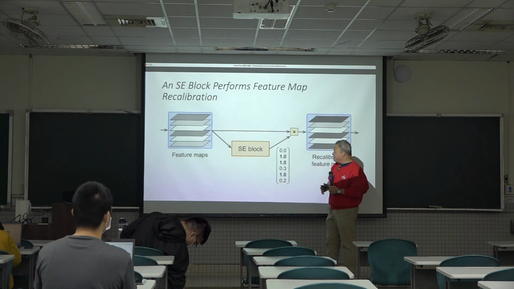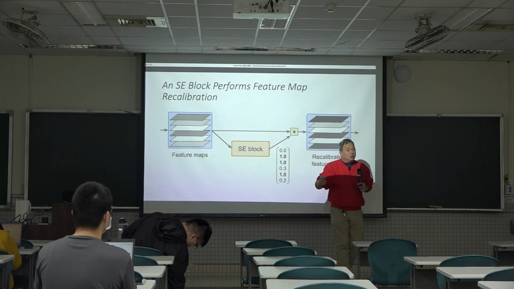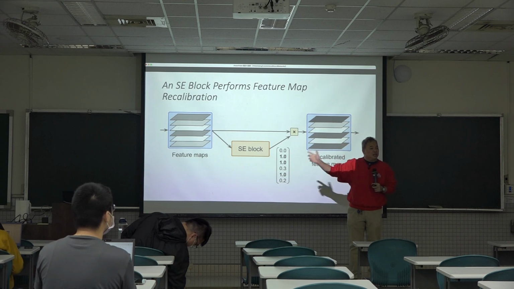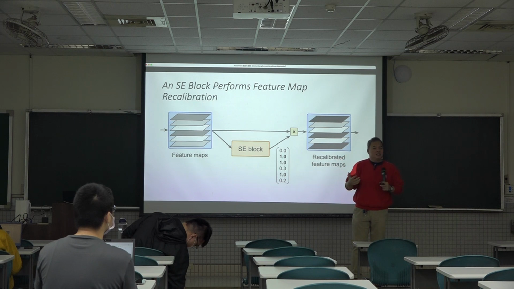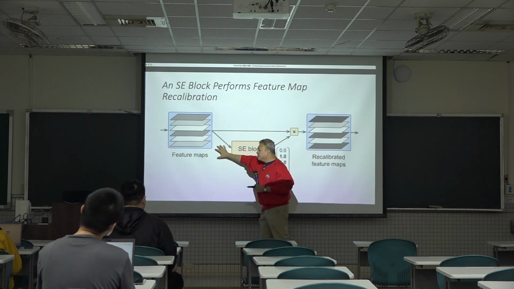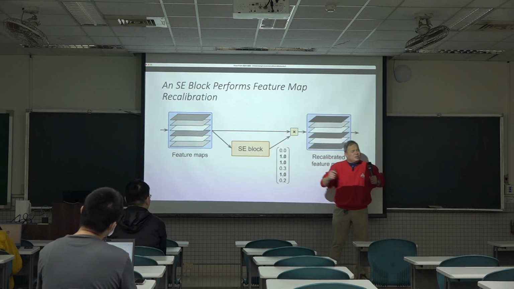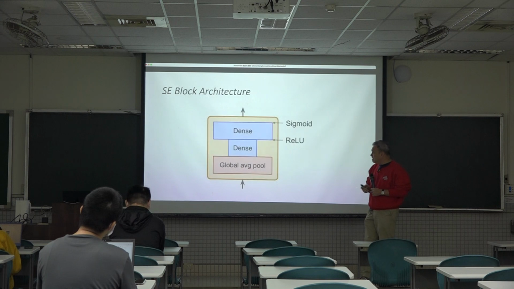First, hopefully you understand the second term in the SE block, the excitation, because it makes the important feature maps excited. This is the excitation part. But what is the squeeze?